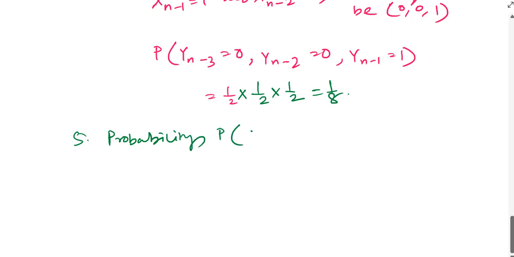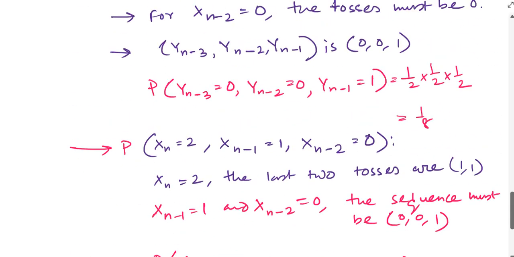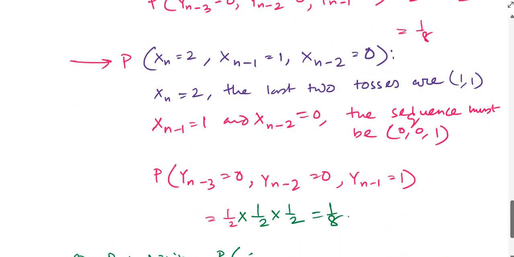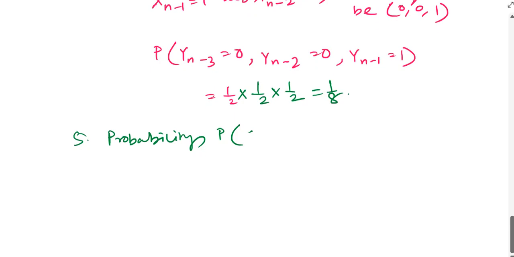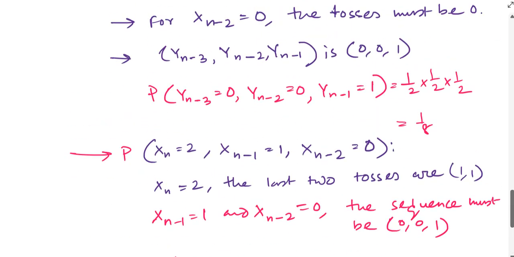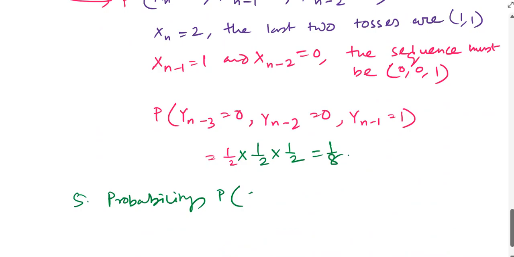So the probability P of Xn equals 2 such that X(n-1) equals 1 and X(n-2) equals 0.